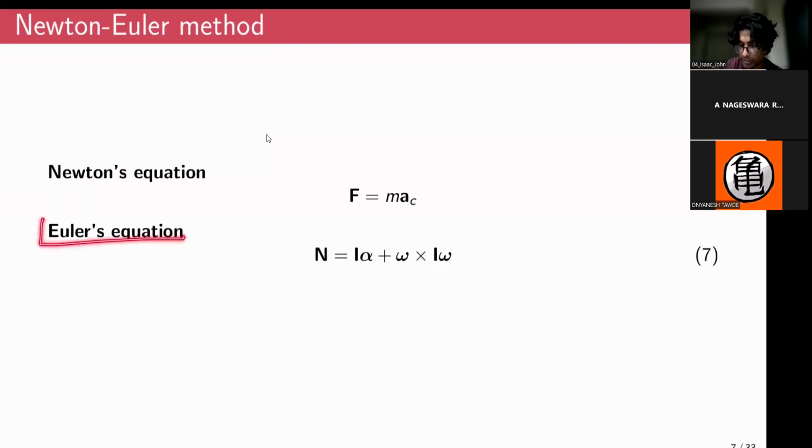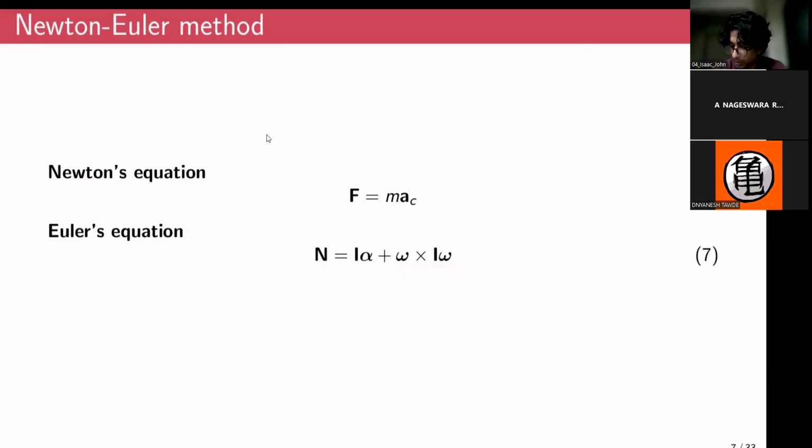Then Euler's equation essentially says the net moment acting on the rigid body is nothing but the central moment of inertia multiplied by the angular acceleration of the body plus this new term, omega cross I omega. When the momentum is expressed with respect to a rotating frame of reference, you will get this term as well, the rate of change of angular momentum.